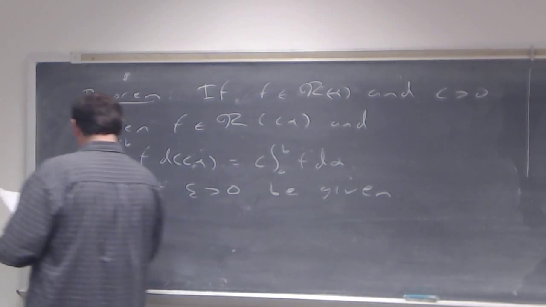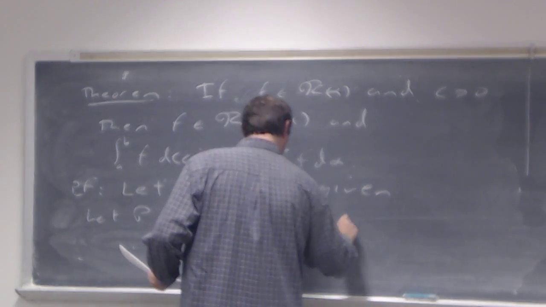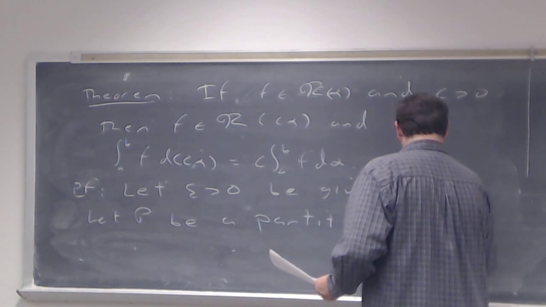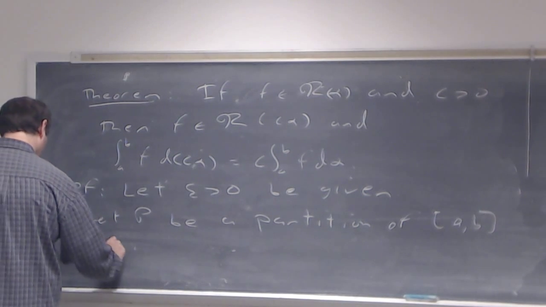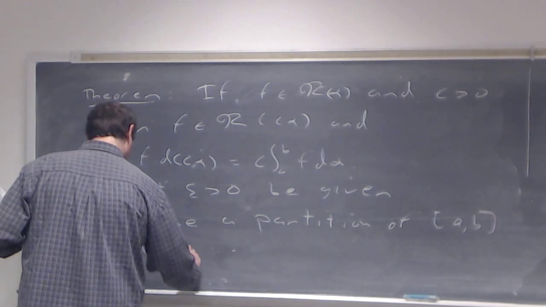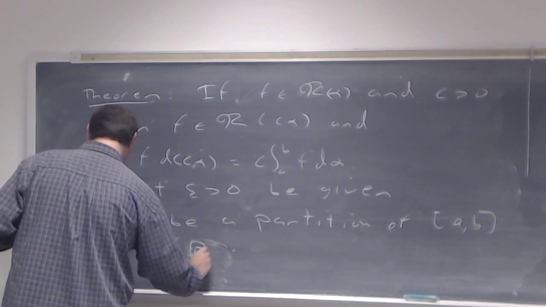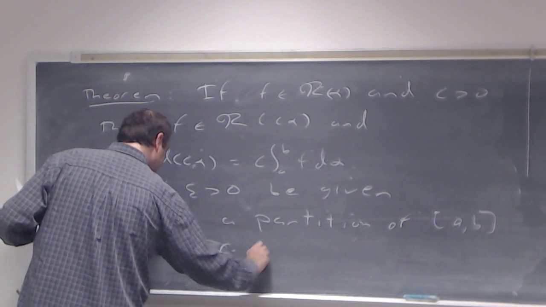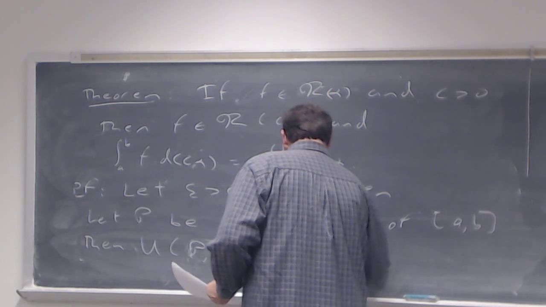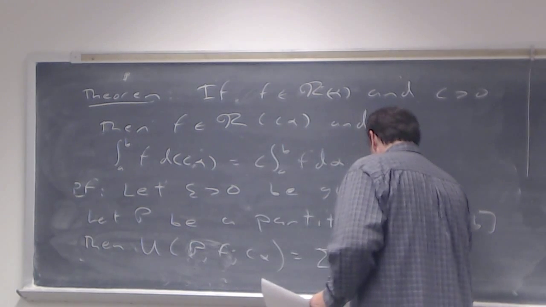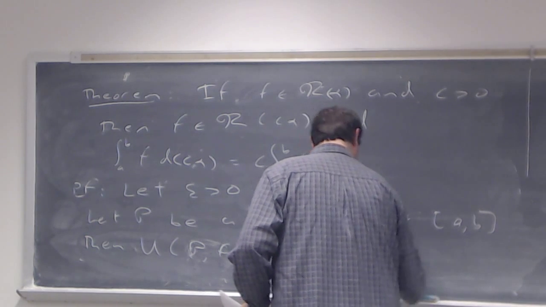First of all, if you just let P be a partition of a to b, then let's look at that upper sum with P, f, and c alpha. That's going to be equal to the sum of the big M sub i's times delta of c alpha sub i. Here again, i running from 1 to n.